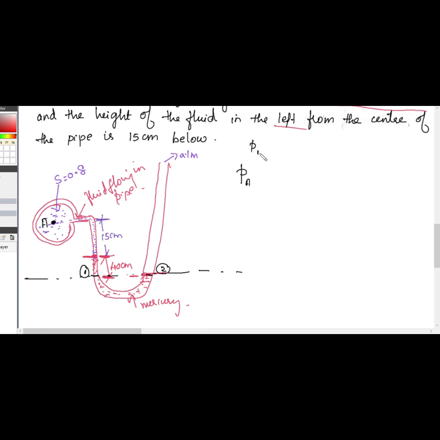Pressure at 1 is pressure at A plus rho g h of the liquid, plus rho g h of mercury in the left limb, is equal to pressure at 2.